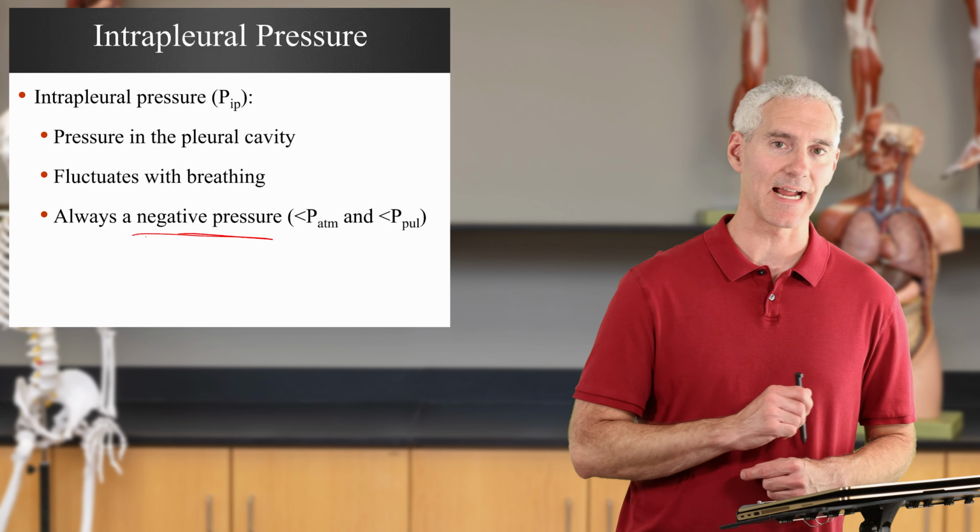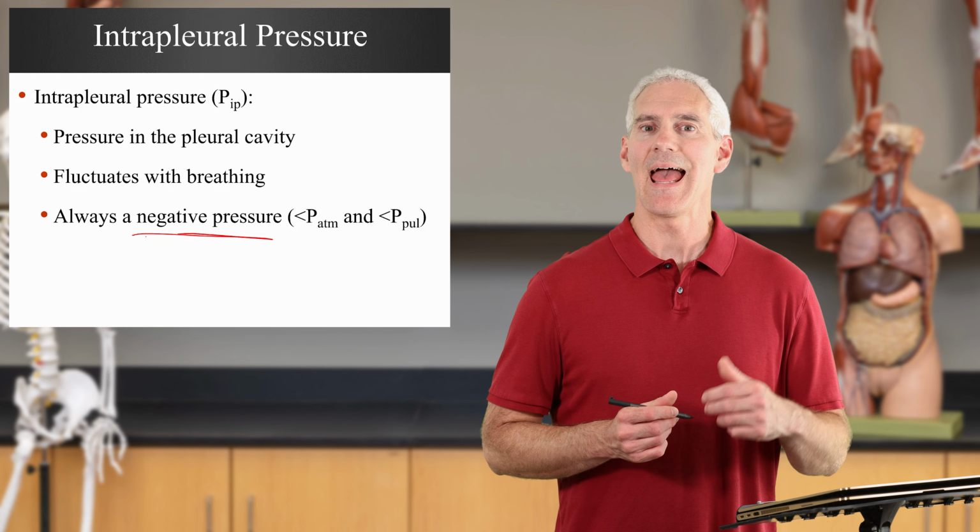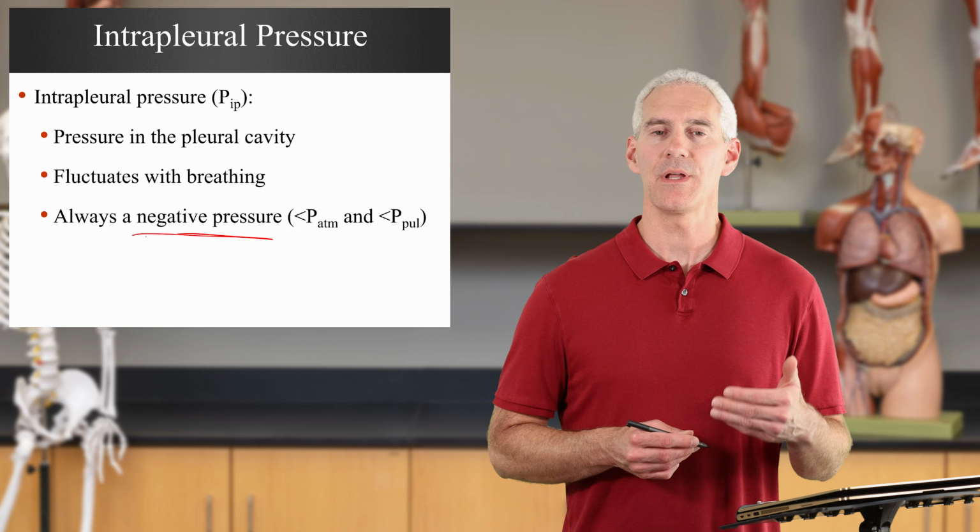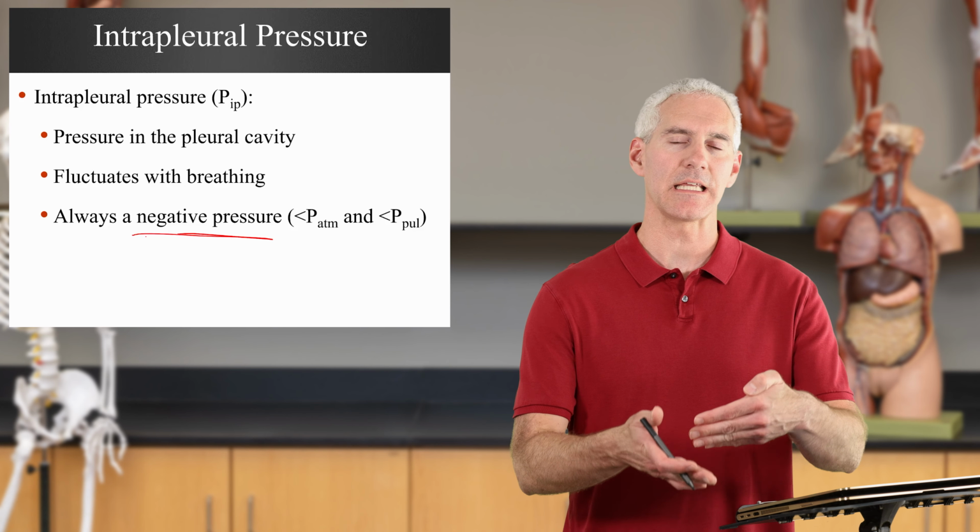Because that pressure, while it will fluctuate, has to remain negative because it helps to keep the lungs fully seated on the thoracic cage. So that negative pressure almost creates a little suction right there to keep the lungs out on the thoracic cage. If that ever was not a negative number, that lung would collapse.